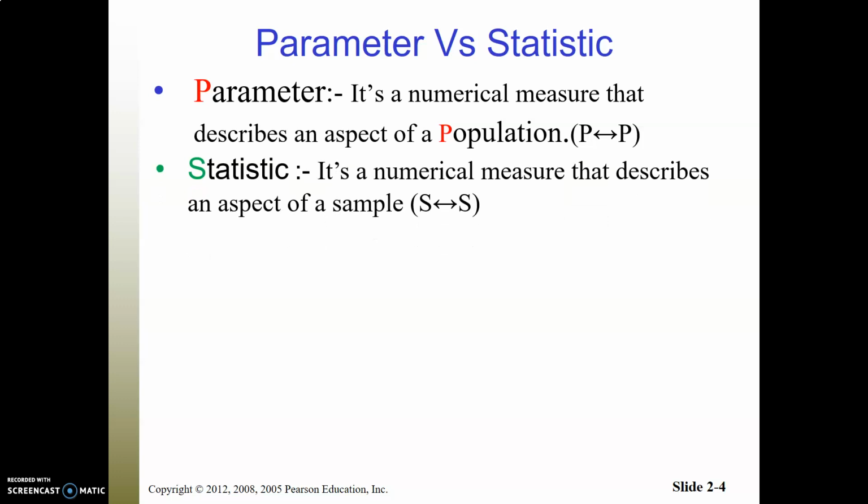Next is a statistic. It's a numerical measure that describes an aspect of a sample. It's still a numerical measure, but it describes not the population, but a sample. For example, a sample mean, sample size, sample standard deviation. Such a numerical measure is called a statistic.